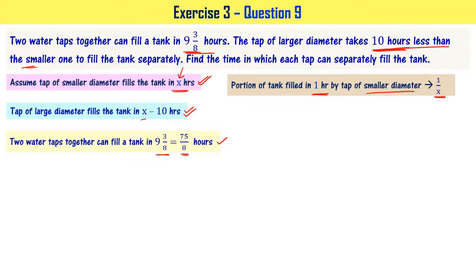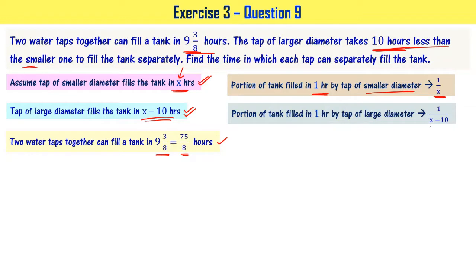In the second case, the portion of the tank filled by the tap of larger diameter in 1 hour is going to be 1/(X minus 10), right? Now, these two taps are working together, for example. Then the portion of the tank filled by these two taps put together is going to be the sum of these two.